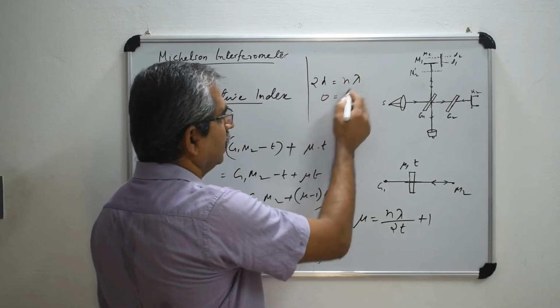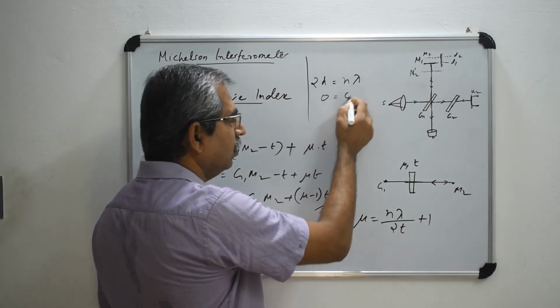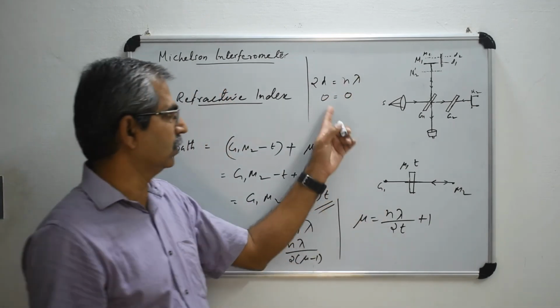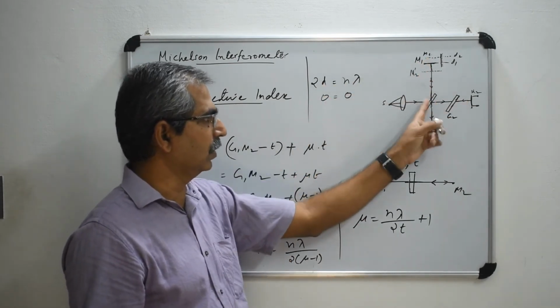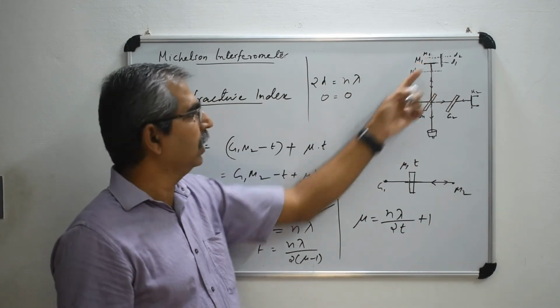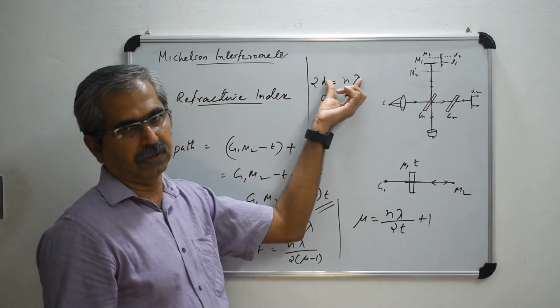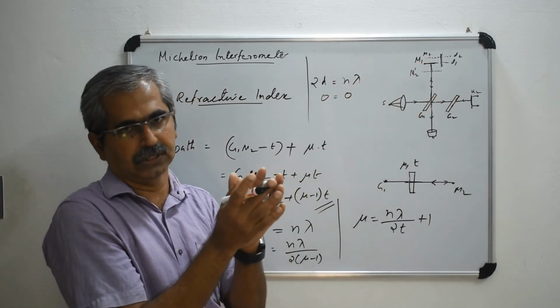If you put n is equal to 0, you will get 0 on the right side also. So if D1 equal to D2, that is the condition for destructive interference, and you will get a dark region.